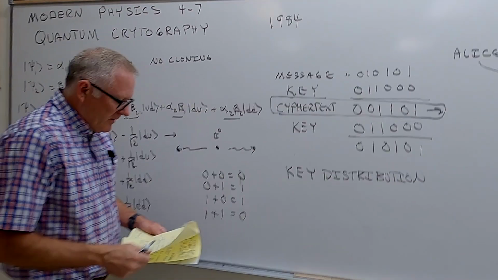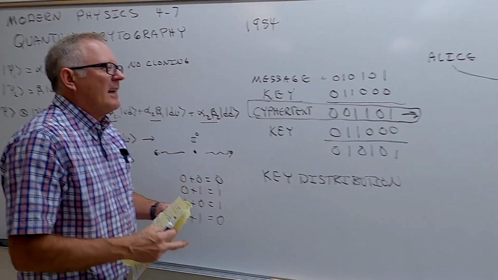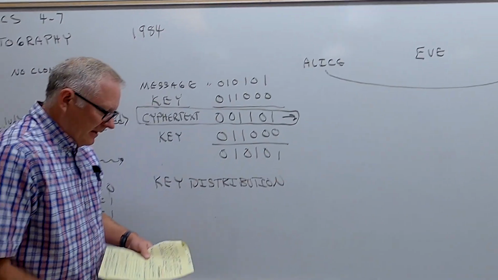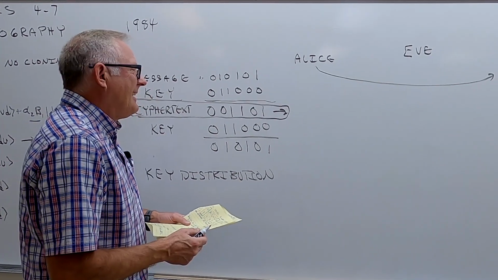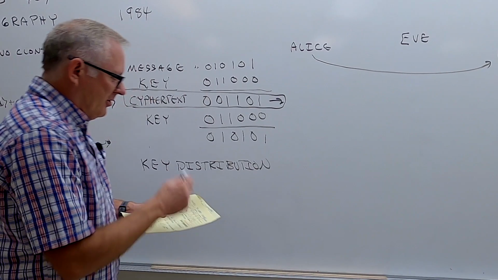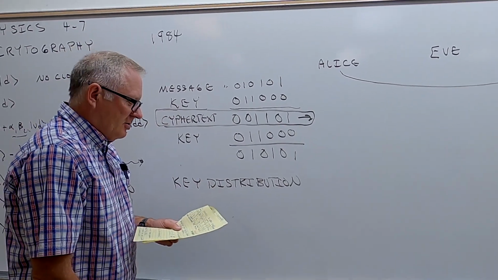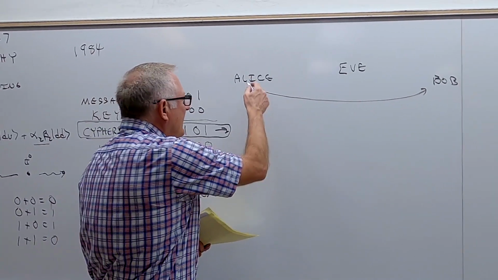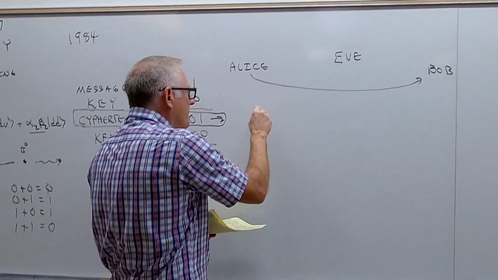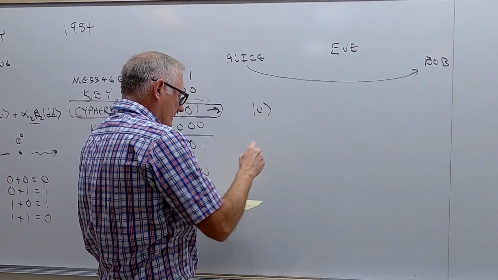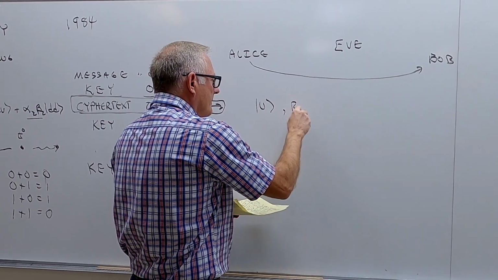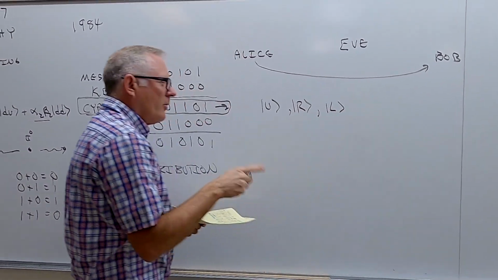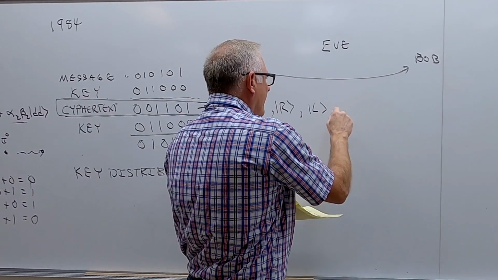So what does Alice do? She starts sending some bits, qubits, across, and she's going to keep a record of what she sends. So let's just say she sends an up, then a right, then a left, then an up.